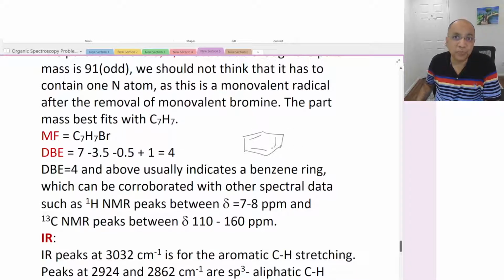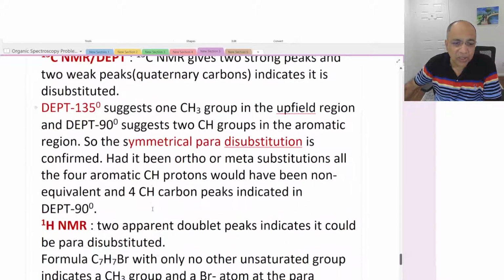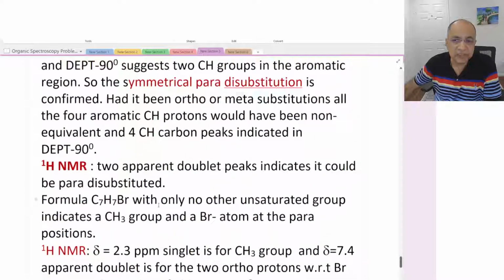So you suspect immediately, then look for the corroborative data from the proton NMR, from IR, and also from carbon 13 NMR. Now, the presence of a benzene ring is immediately known from the data.